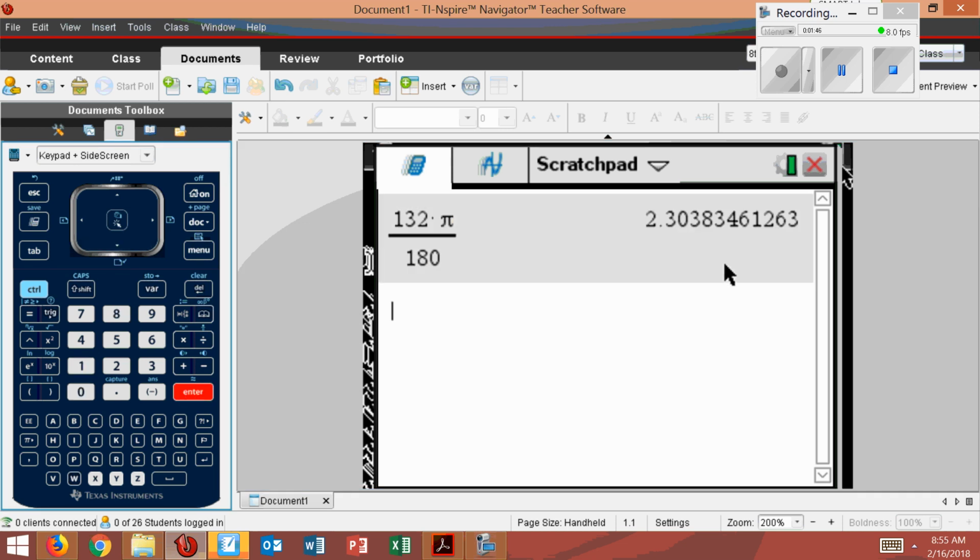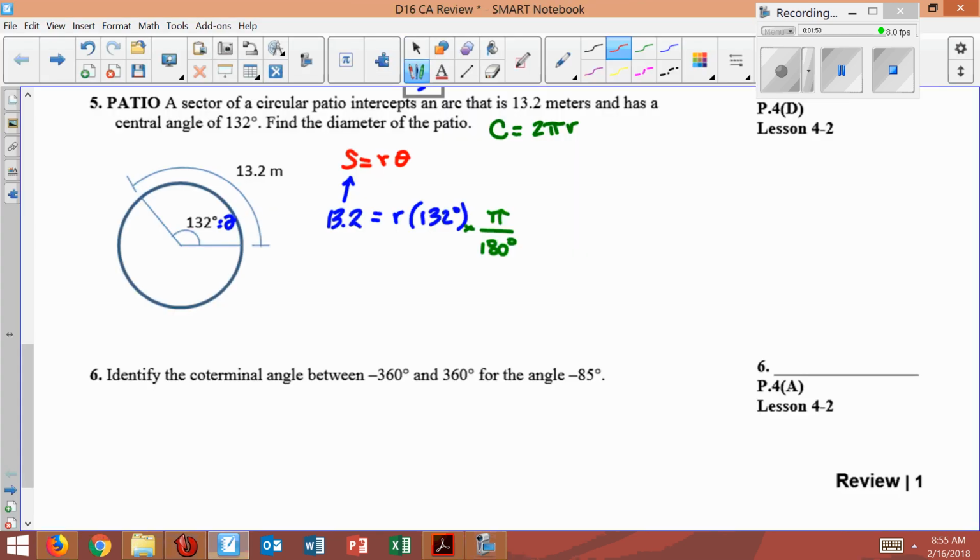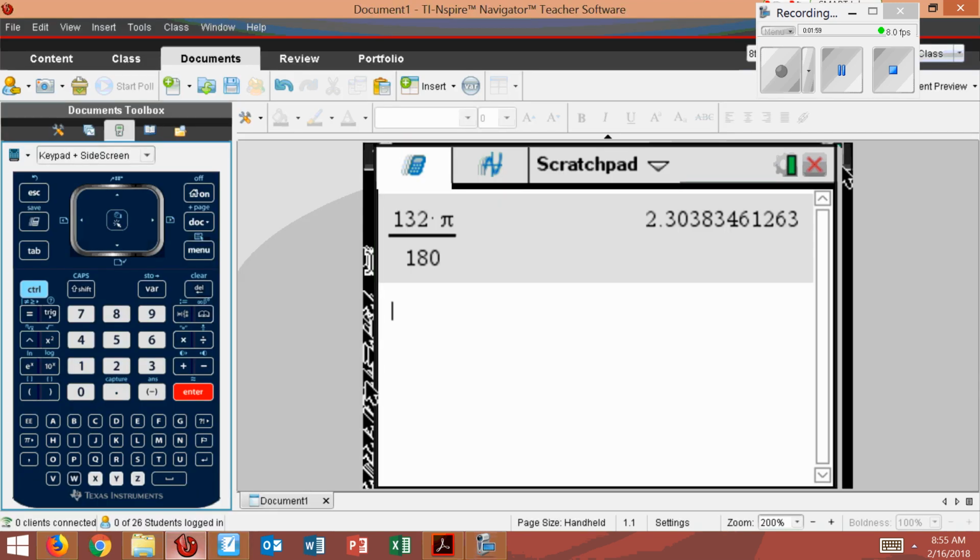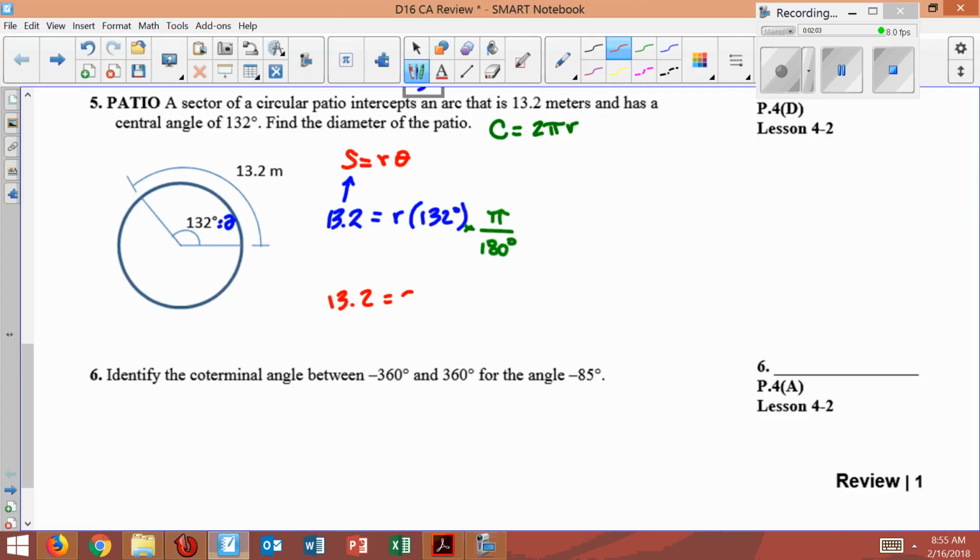This is how many radians I have, not in terms of pi, just in general, that many radians. So we have here that 13.2 equals this value, which was 2.304, times R.